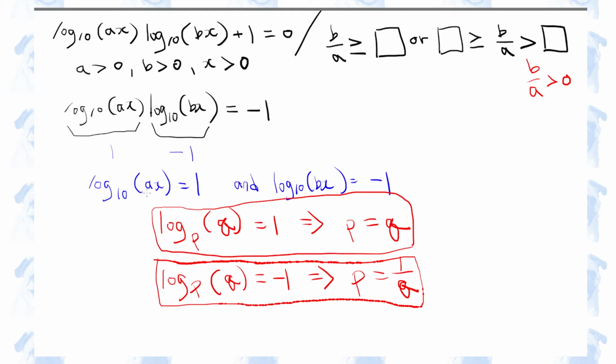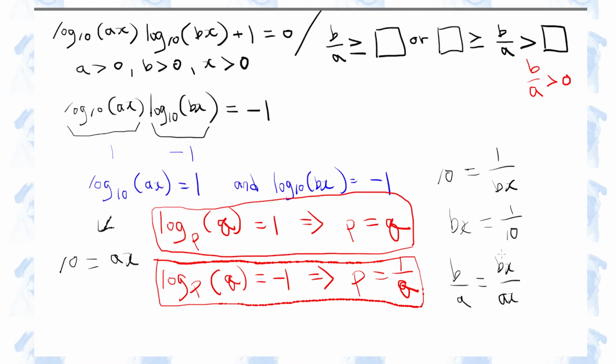Therefore, log base 10 of ax equals 1 implies that 10 equals ax, and log base 10 of bx equals minus 1 implies that 10 equals 1 over bx. Therefore, bx must be 1 over 10. b over a is equal to bx over ax. Therefore, when the first part is equal to 1 and the second part is equal to minus 1, b over a is 1 over 100.